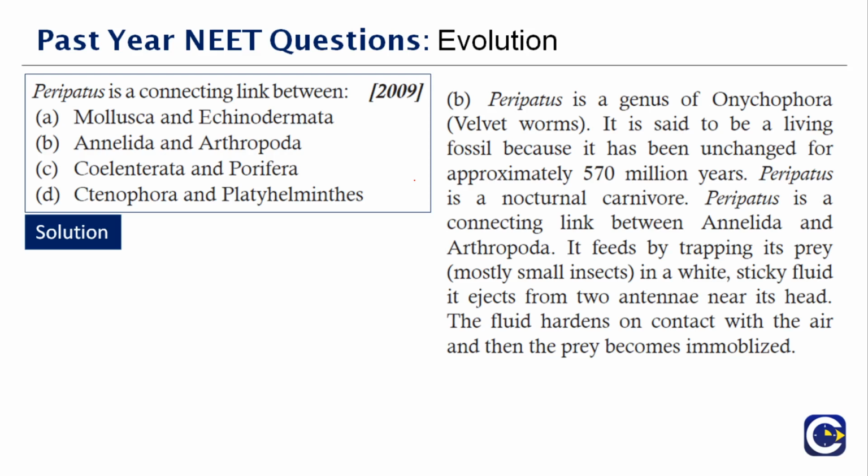It ejects a white sticky fluid from the two antennae near its head, and once the fluid is in contact with the air it hardens, and therefore the prey becomes immobilized, and it can then consume the prey. Therefore, this is a connecting link between Annelida and Arthropoda, which is option B.